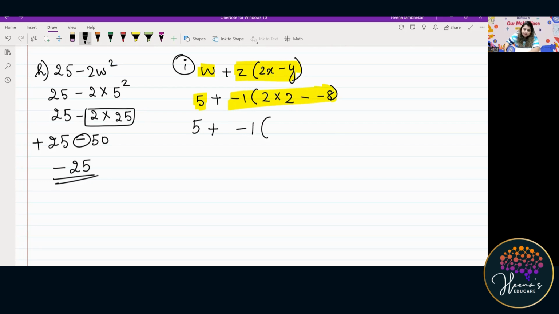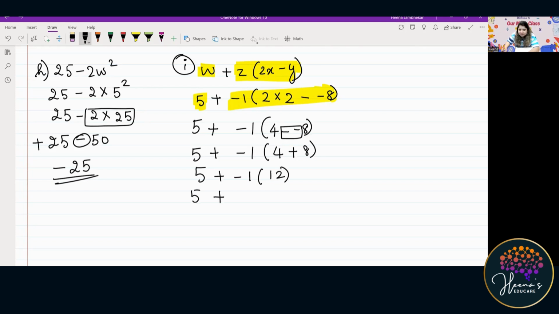Always do the multiplication first. So 2 into 2 gives you 4 minus minus 8. You have 5 plus minus 1 bracket. You have 4 plus 8. 4 plus 8 gives you 12. 5 plus, now look at this. This is the term, right?